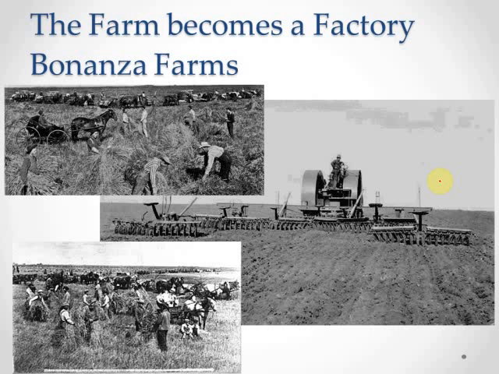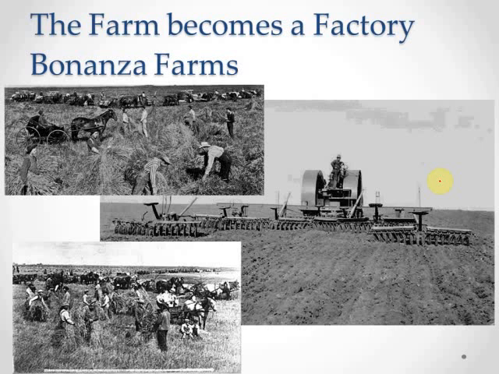So who's buying them up? The big farms. And these big farms are called what? Bonanza farms. Like plantations, which is big farms. And who's going to work on these big farms, you think? The failed small farmers. Anyway, so what ends up happening is that these small farms are bought up by the big farms, and you see the rise of bonanza farms.